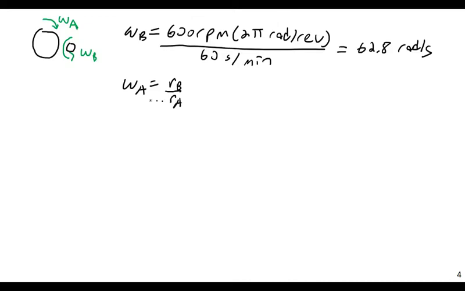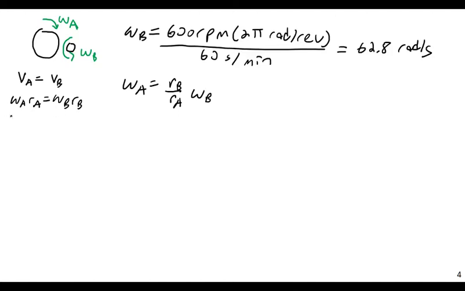I don't just want to times omega B. This is what I have in my notes, but I would like to develop that. So where did this come from? Well, this came from saying that velocity, not angular velocity, but just velocity of A is equal to velocity of B at this point of contact. And I know that linear velocity is equal to omega times R. So omega A times RA equals omega B times RB.